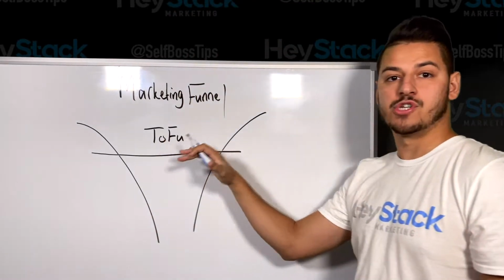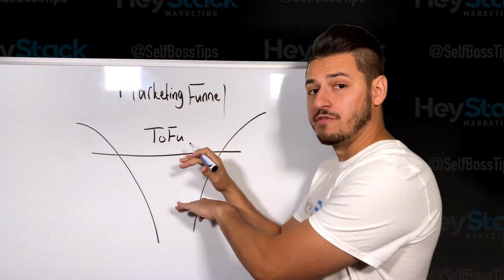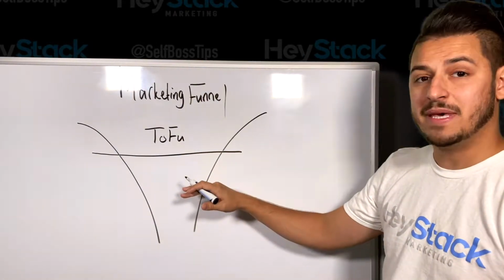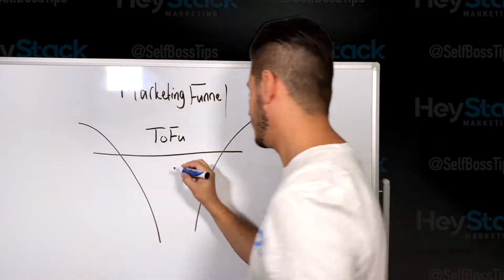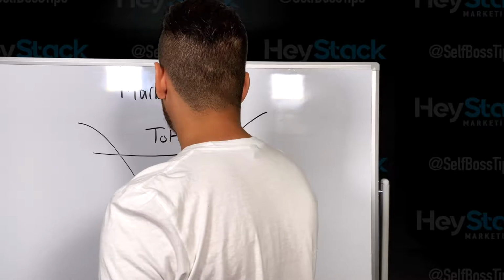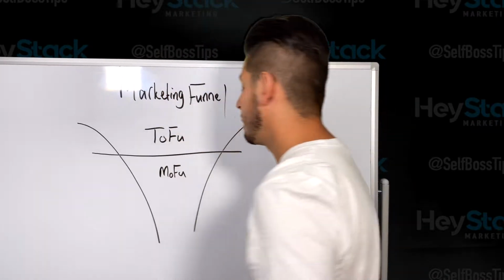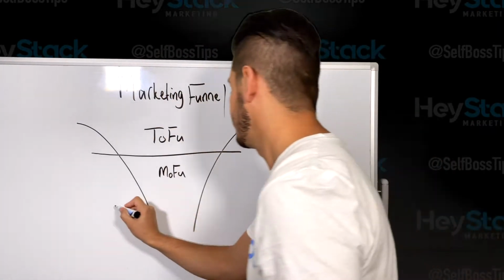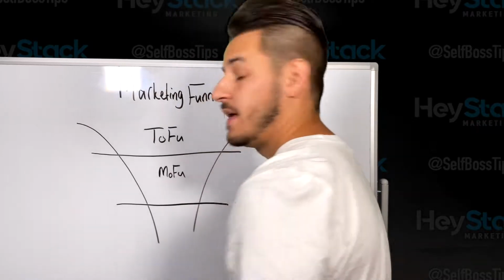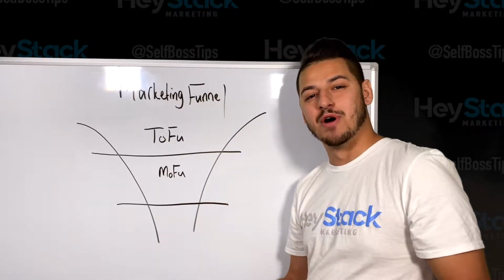So here we have your ToFu. The middle of the funnel is the next piece, and it's known as MoFu. So let's go ahead and mark this up. And then the bottom of the funnel is known as, you guessed it, BoFu.